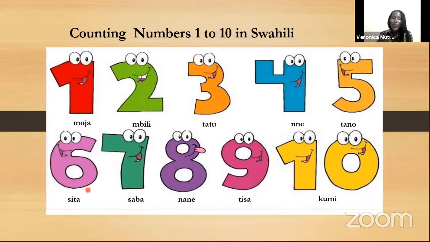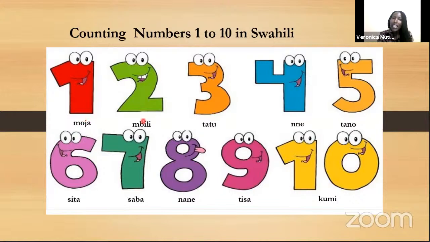Nne, tano, sita. So the first N is hard. N and then ne. Yes. Nne, tano, sita. Yes, very good. So moja, mbili, tatu, nne, tano, sita.